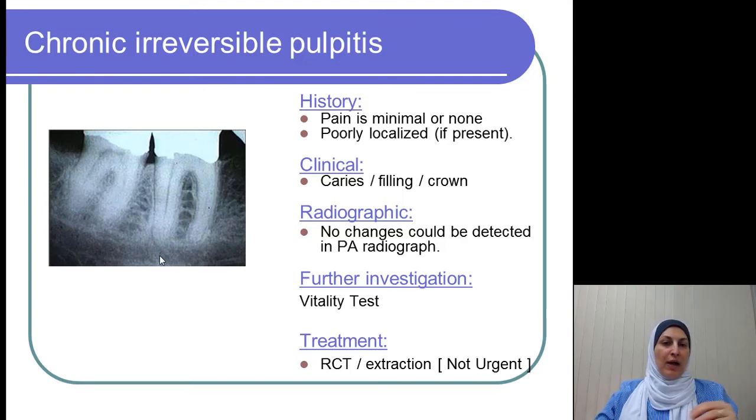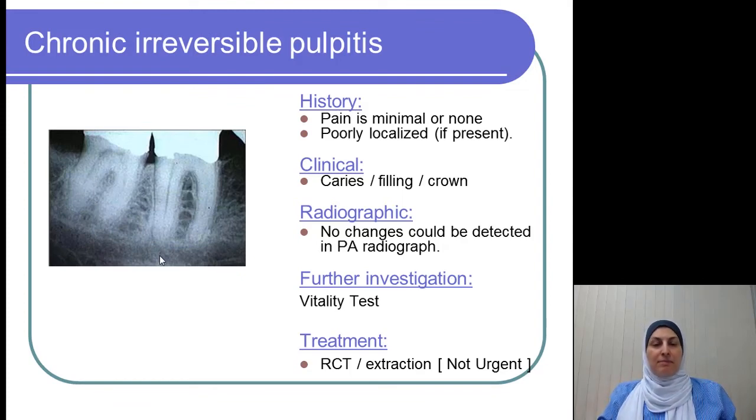And in cases of acute irreversible pulpitis, when the patient comes to you complaining of severe pain, that he couldn't sleep, couldn't talk, couldn't do any sort of activity because of the severe throbbing pain in his tooth, when you take a radiograph, in most of the cases you would see nothing on the periapical area, because the whole problem is just confined within the pulp.